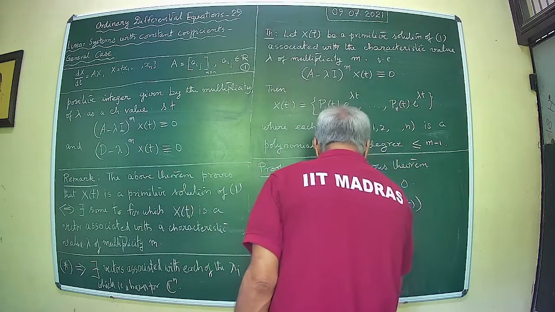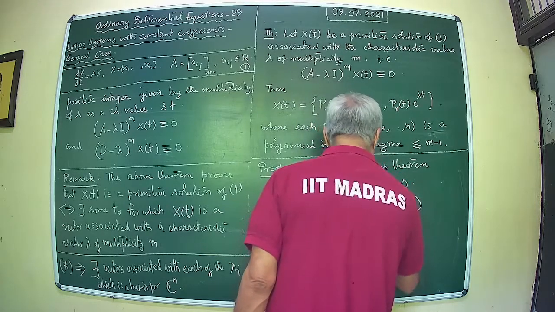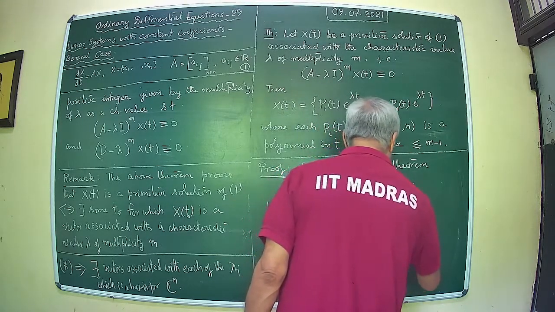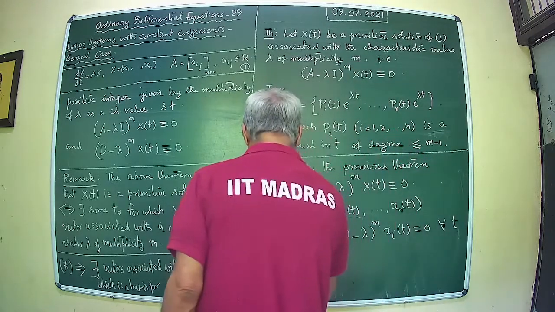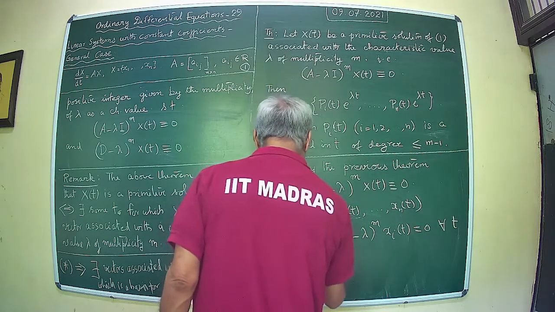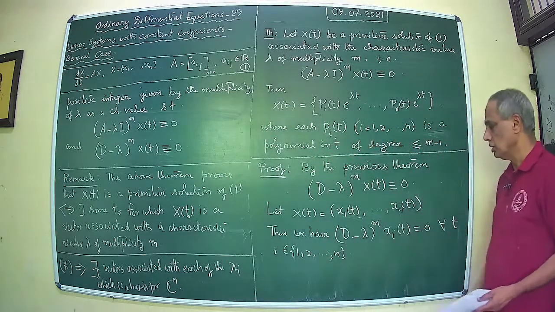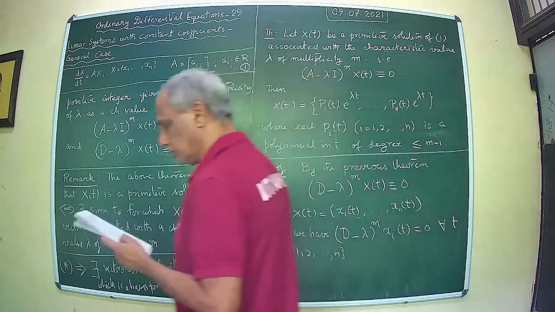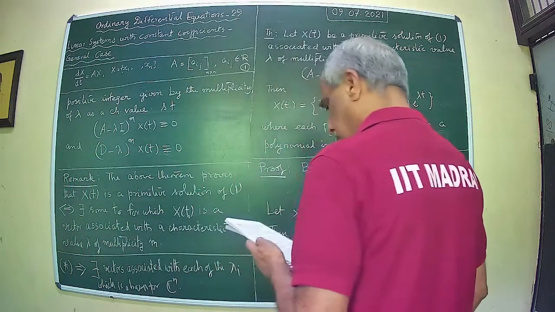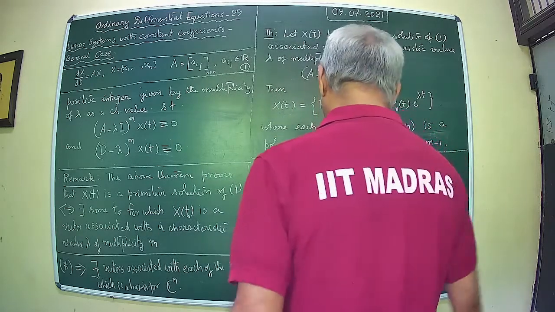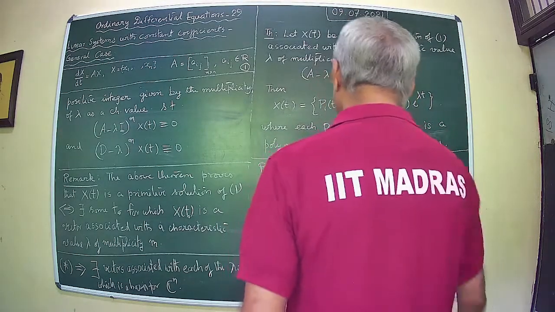D minus lambda, with t and i belonging to, okay, so let us see what it leads to. So in general, the equation that we have to look at is this. Okay, so let us find out what the x_i's are, or try to integrate this equation.